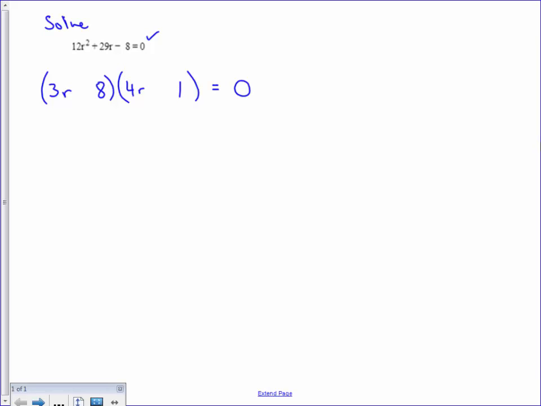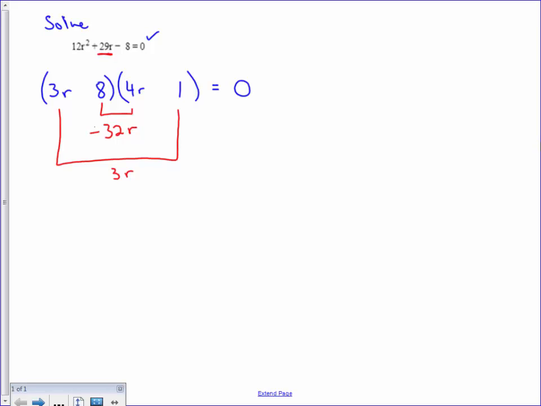Now I need to check this factorization. To do this, I check only the inner product, which is 32r, and the outer product, which is 3r. If I'm able to combine these two values in such a way that would give me the middle term above, then I know I'm on the way to having my factorization correct.